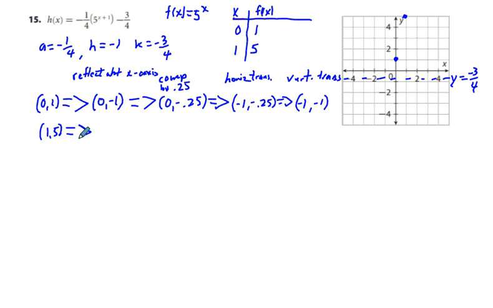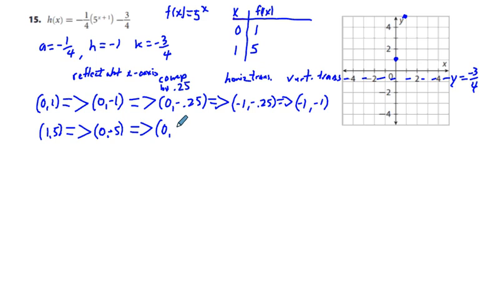The next one we're going to have is 1, 5. And we're going to reflect about the x-axis. So that's going to be 1, negative 5. Next, we're going to compress by a factor of 0.25. So we have 1, and we multiply by 0.25.